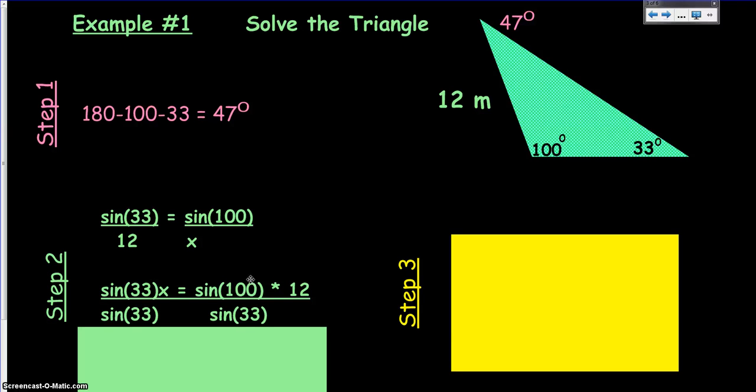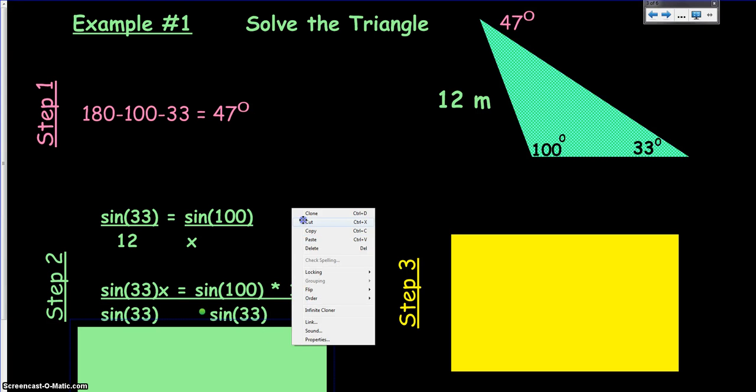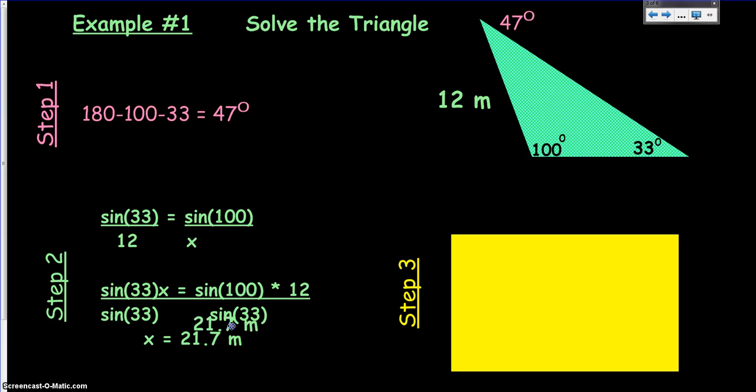So I'm going to type in the sine of 100 times 12 divided by sine of 33. When I do all that, I get my solution that x is equal to 21.7 meters. So just simple cross multiplying. It's kind of similar to what we did before, where we had to actually divide to solve.